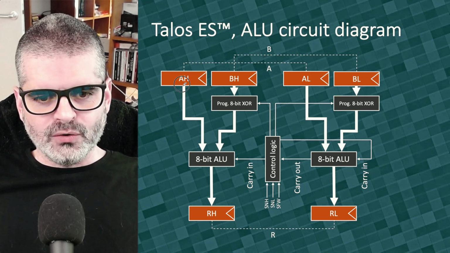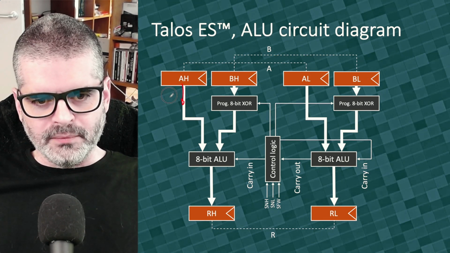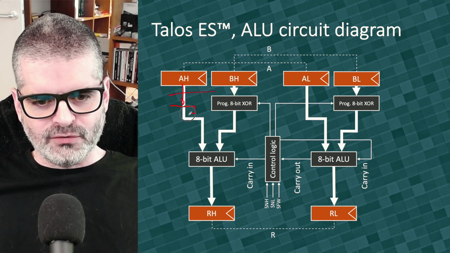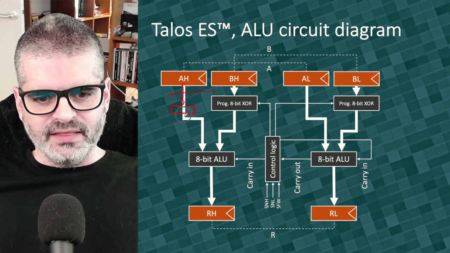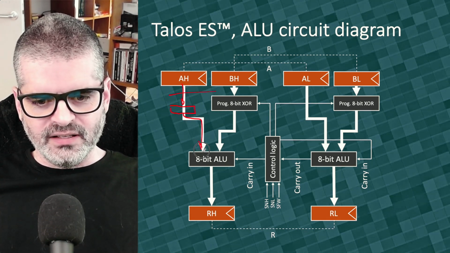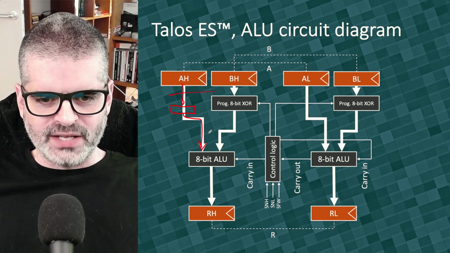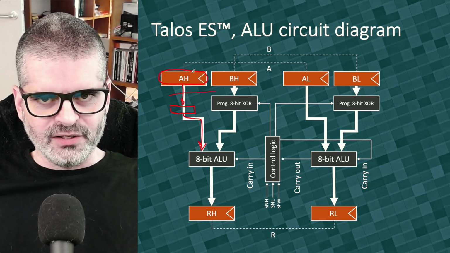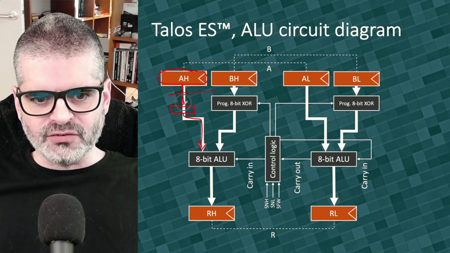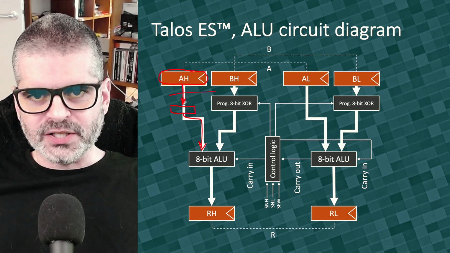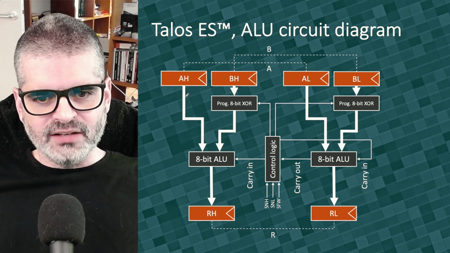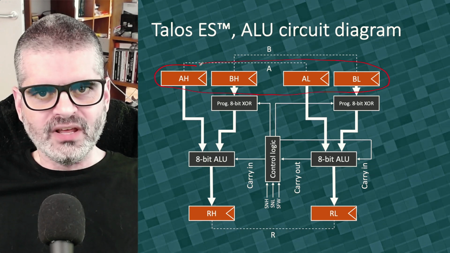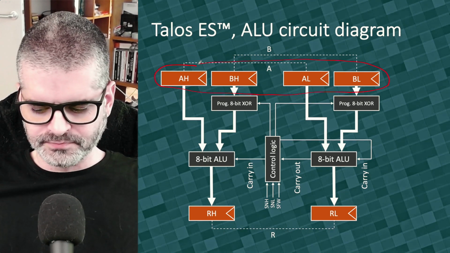Their contents go through the backplane connector for all 4 of them, and then there is a buffer, a 74245, and then the ALU gets the individual bits of each of the 4 registers. But the registers themselves were not in the ALU card. Their output was through the backplane connector, but not the registers themselves. So today we are going to look at the structure of the registers themselves in the register file card.